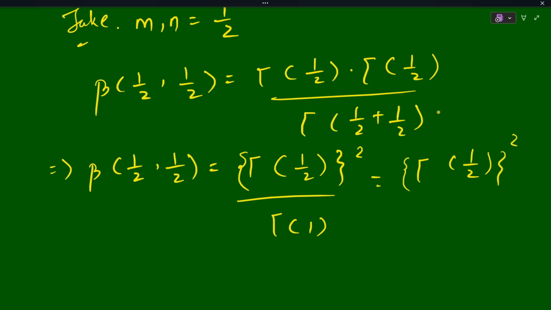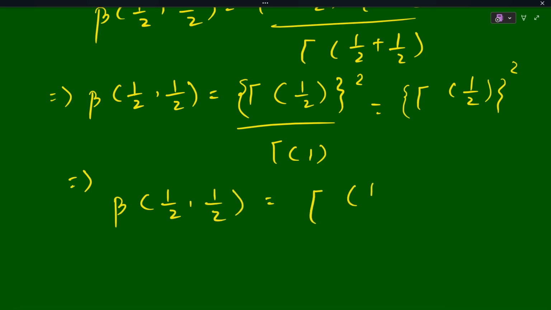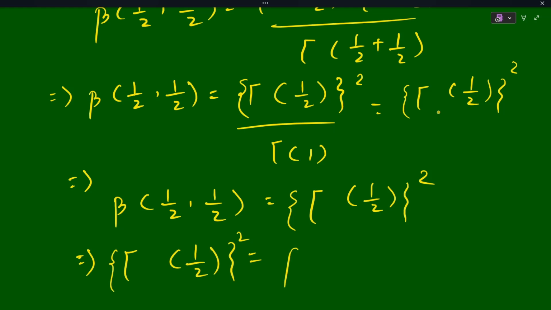If I take the square root on both sides, then I will get the value of gamma half, right? So for that reason, I am interchanging the terms, so that I can calculate this beta half and half.